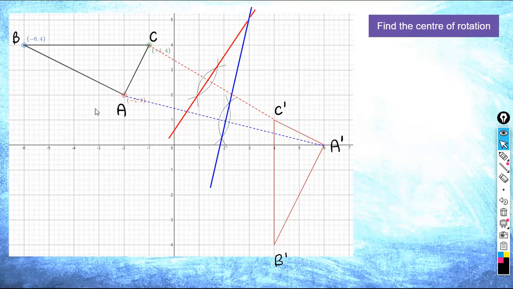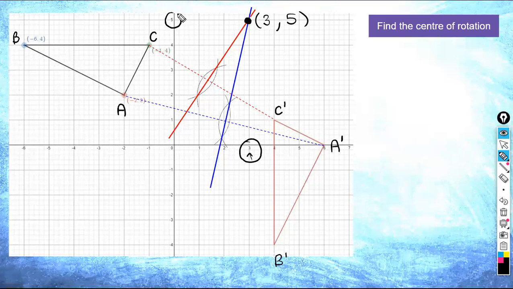I'm just looking at the answers here. It's probably hard to see the numbers because the writing is pretty small. Don't the two lines meet over here? That's how much on the x-axis? No, sorry. On the x-axis, it is 3. On the y-axis, it is 5. I mixed it up by mistake. Look at it: it's 3 on the x-axis and 5 on the y-axis. So the center of rotation is 3, 5.